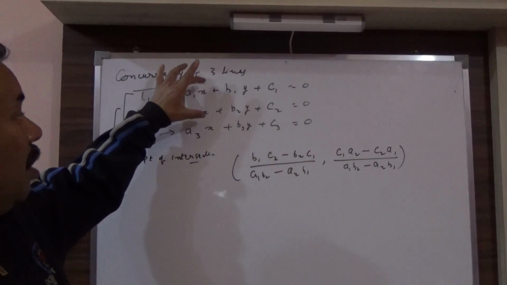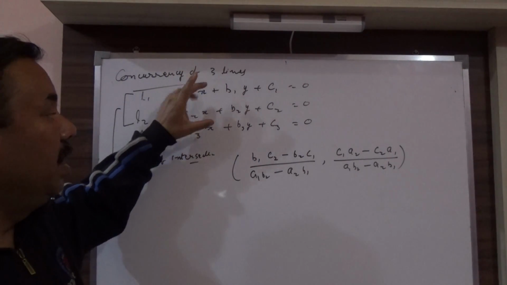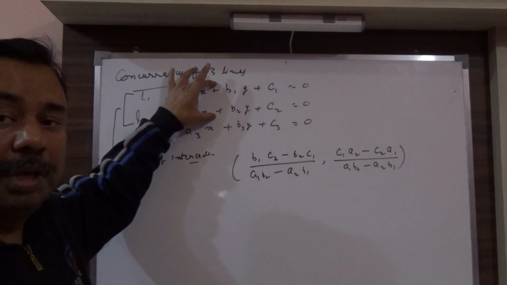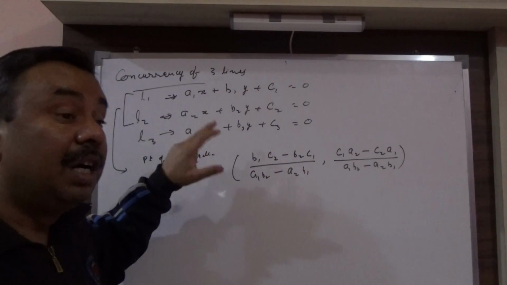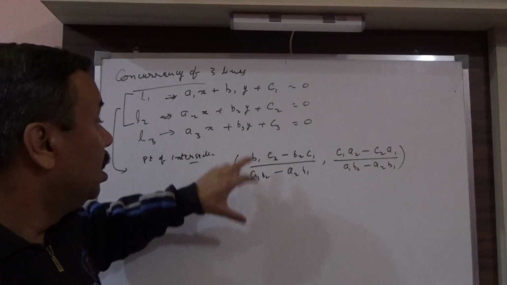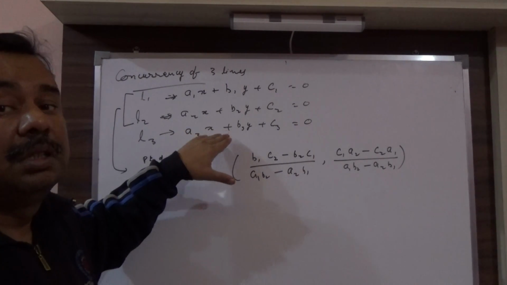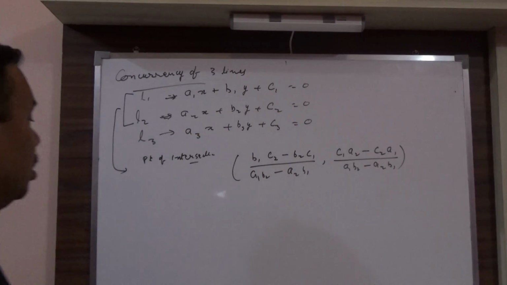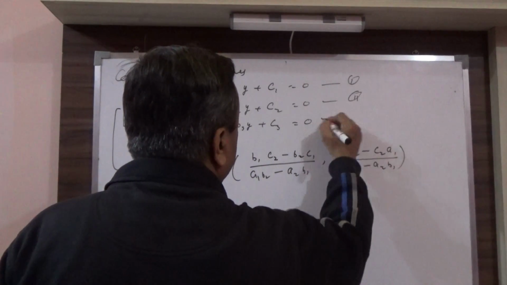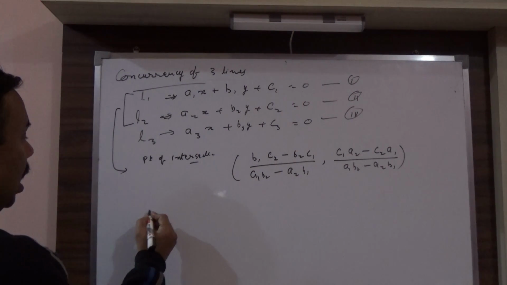the point of intersection of the first two lines should satisfy the equation of the third line, or the point of intersection of the first two lines is lying on the third line also. So that means this point has to satisfy the third one. Suppose this was equation 1, this is equation 2, this is equation 3.